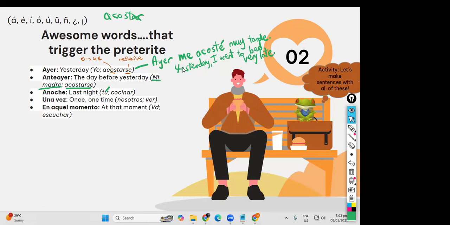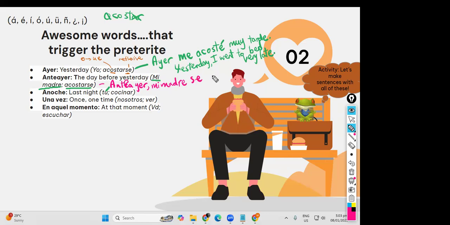All right, let's go to the second one, the day before yesterday, anteayer. Mi madre. The pronoun she would get, because she's ella, the reflexive pronoun, is se.